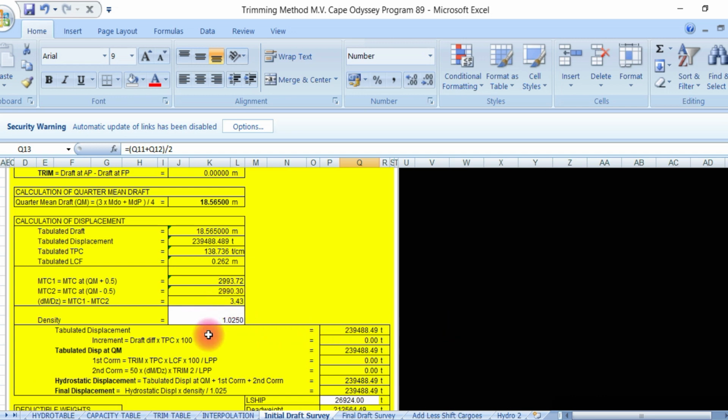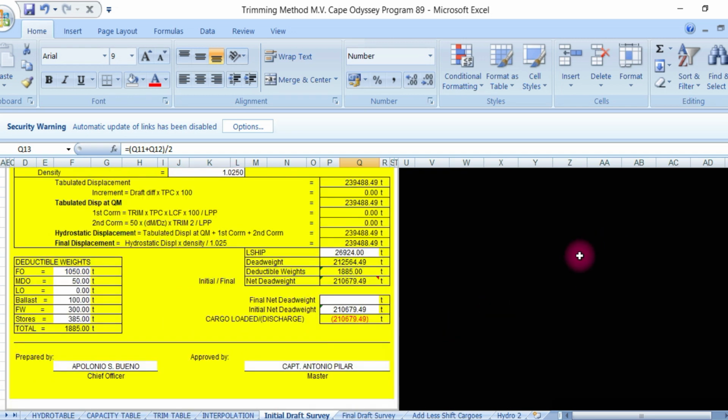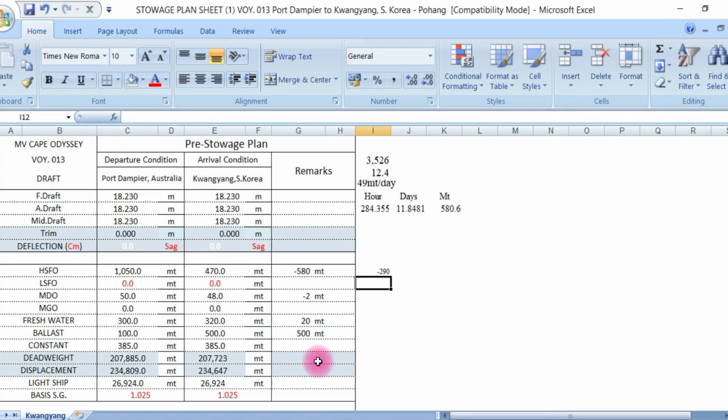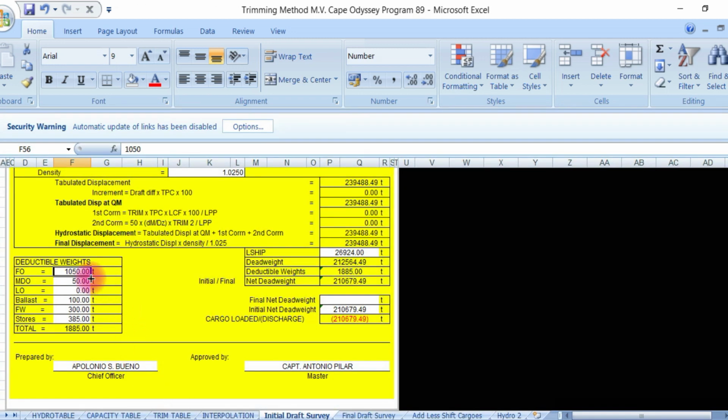The density is still the same, 1.025, and we will now put the ROB. The remaining fuel is 470 fuel oil.